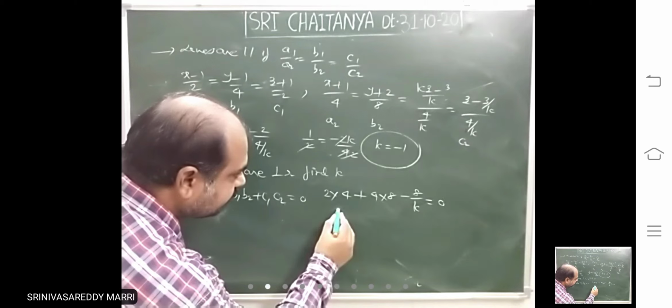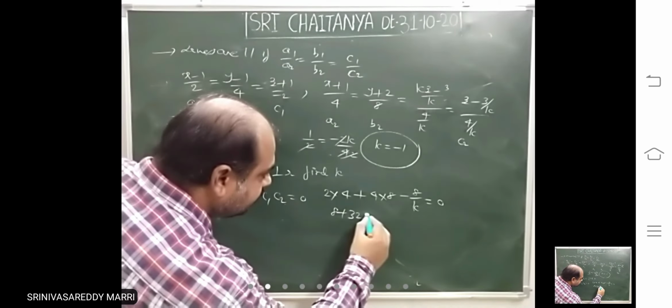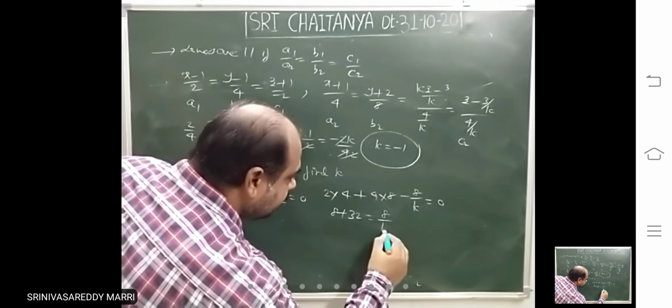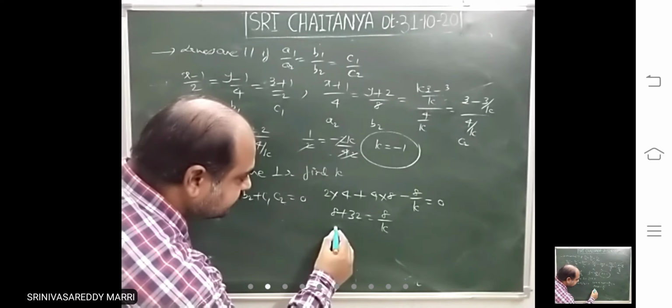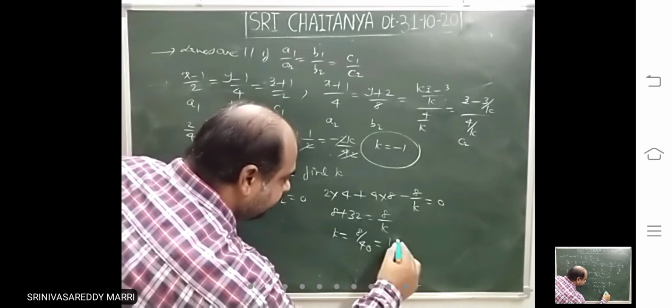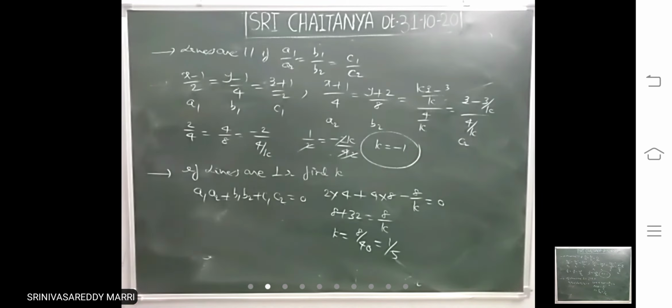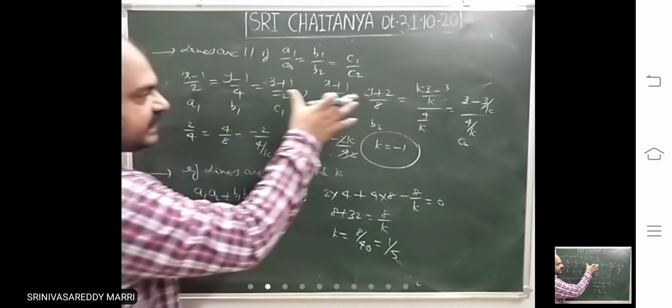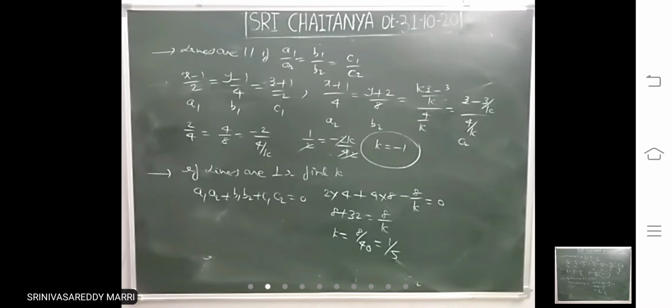So 8 plus 32 equal to 8 by k. That means k is 8 divided by 40, that means 1 by 5. Like that, if two lines are perpendicular, write the condition A1A2 plus B1B2 plus C1C2 equal to 0.